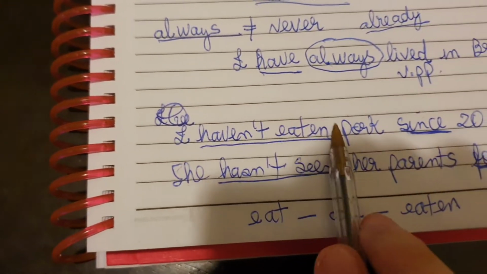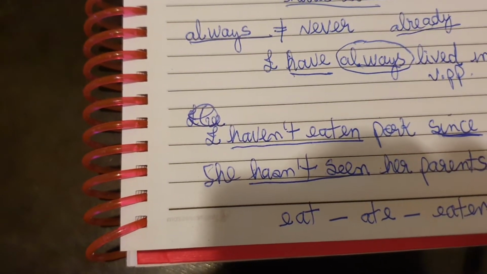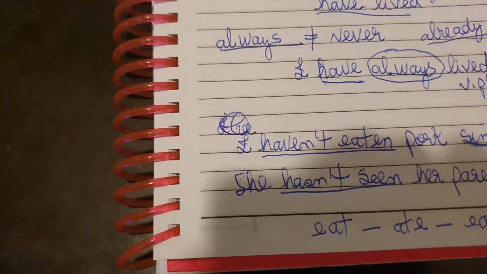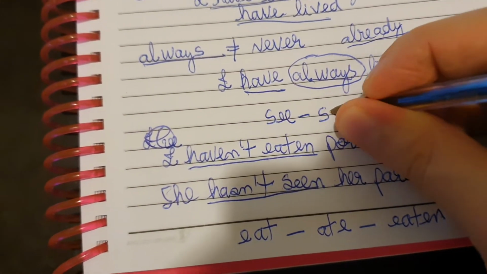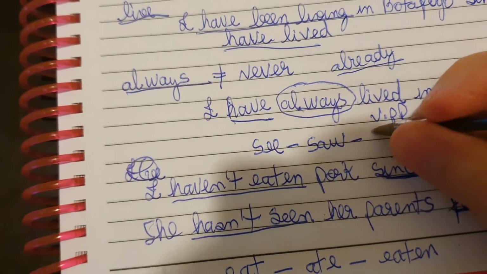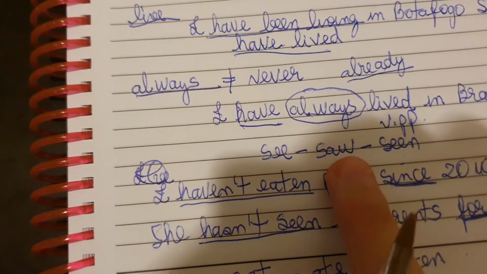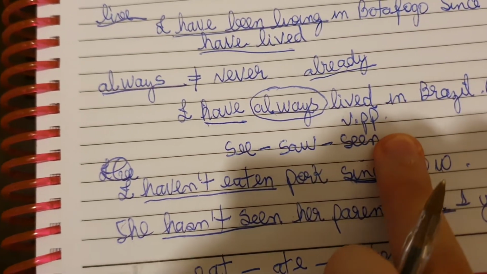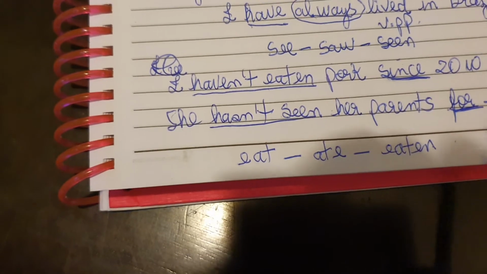So I haven't eaten pork since 2010. She hasn't seen her parents for 1 year. And seen, I guess we have already seen this. See, saw, seen. Infinitive form, simple past, past participle. Okay, so she hasn't seen her parents for 1 year.